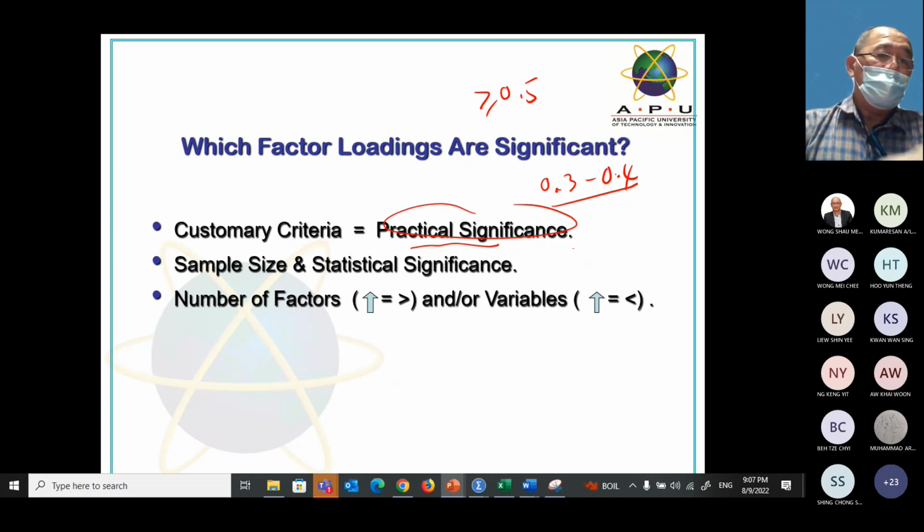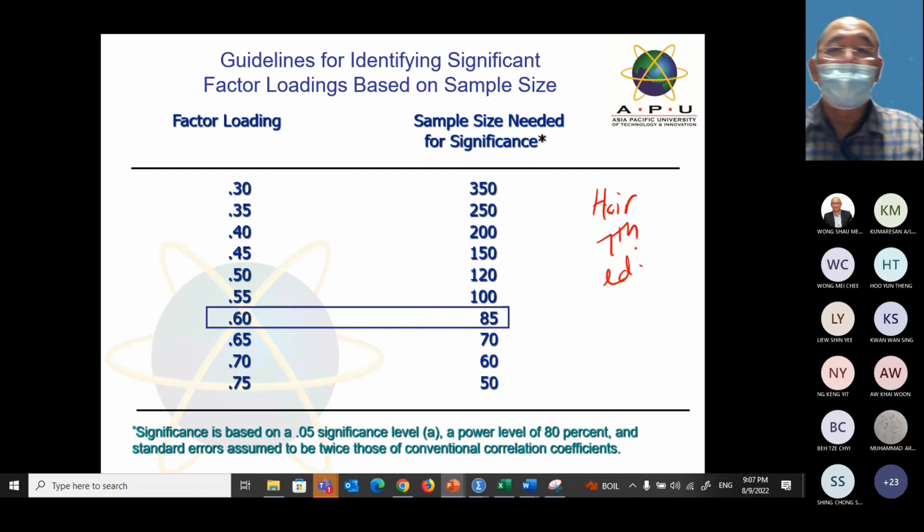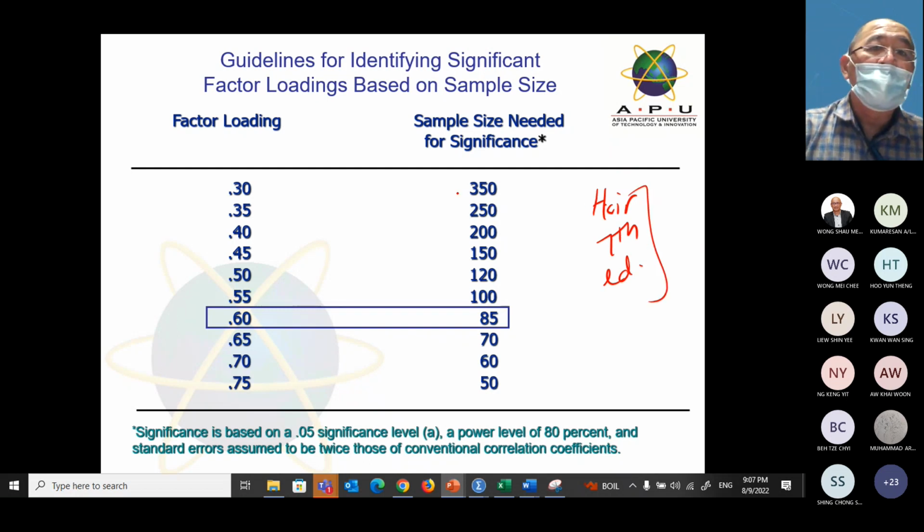Another one is that we also consider the sample size. That means not only see the value, we also see the sample size. If you want, you can also find this table from the textbook, Hair, 7th edition. You see the guideline for identifying significant factor loadings based on the sample size.